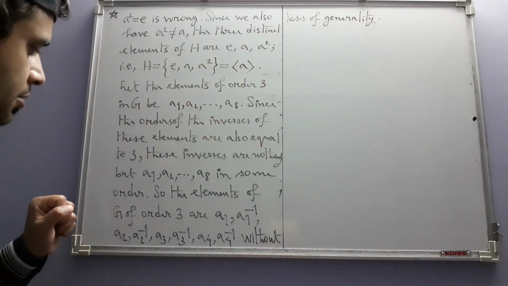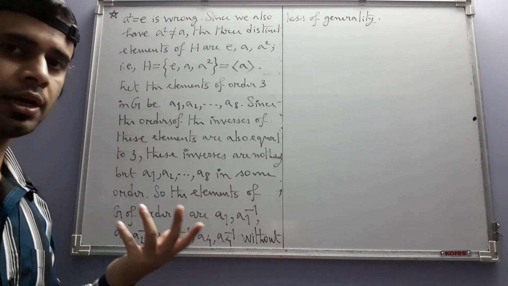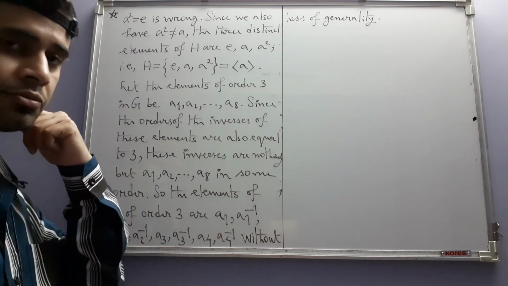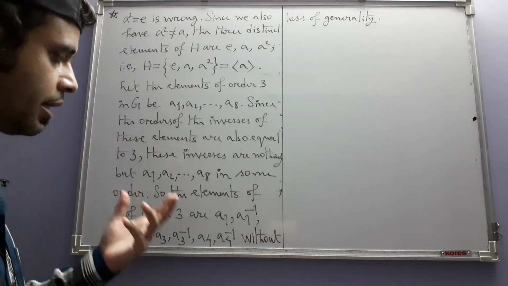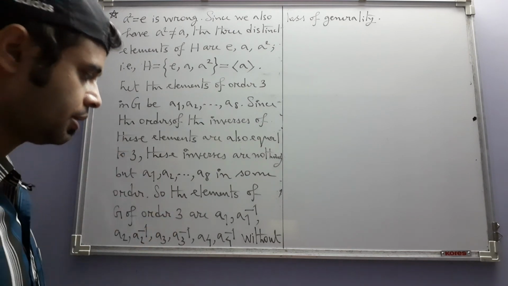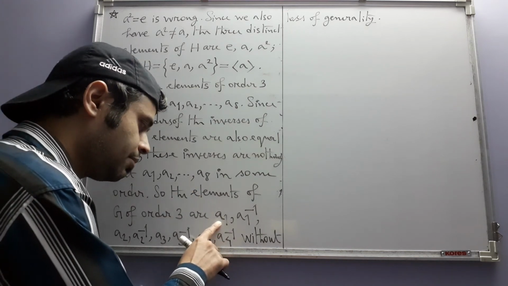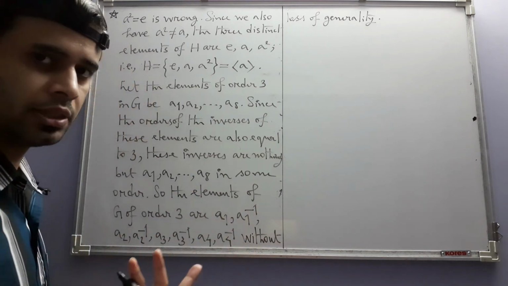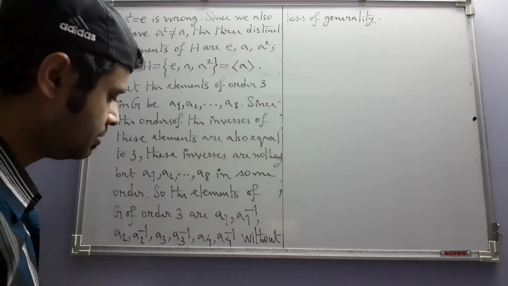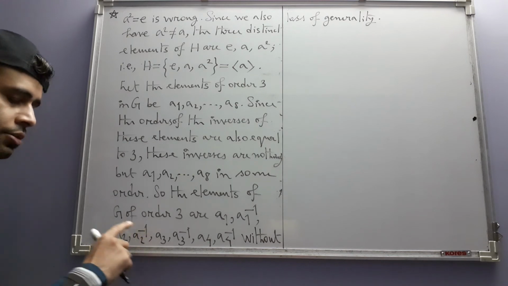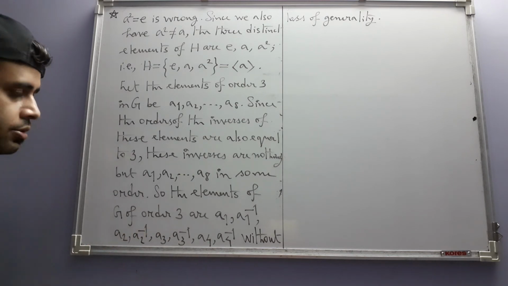So that means these are the only available elements of order 3, and each one of them will generate a cyclic subgroup of order 3. The thing is that the cyclic subgroups generated by A1 and A1 inverse will be the same. Clearly, just like that, the one generated by A2 and A2 inverse will be the same, and so on.